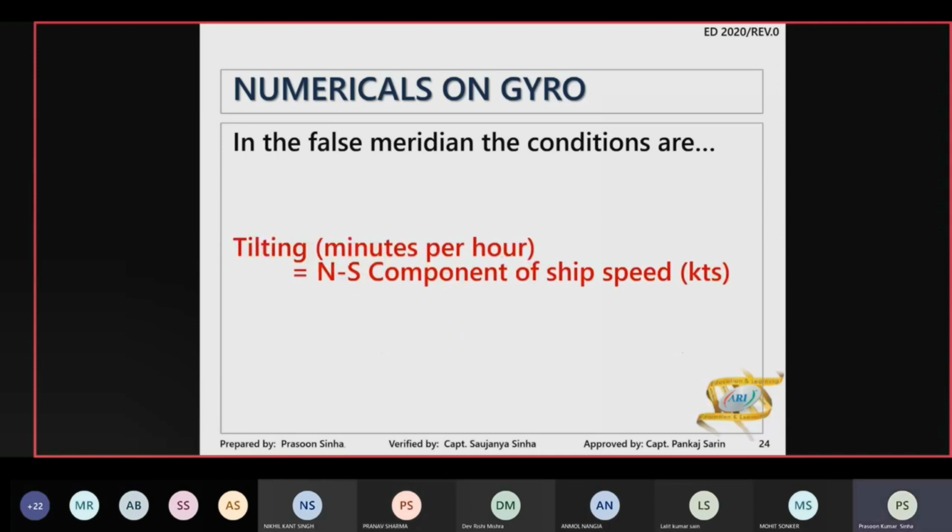So what will be the rate of tilting? The ship speed we are taking in nautical miles per hour. That will be the north-south component, at what rate the ship is moving per hour.